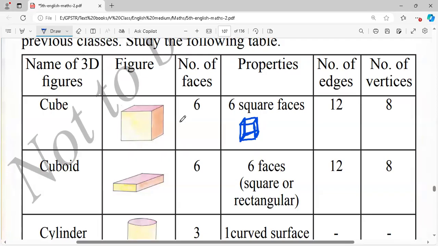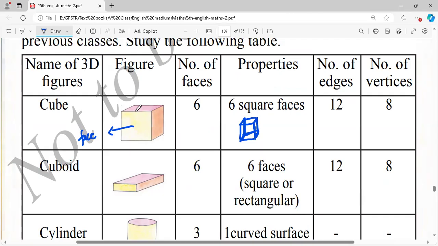This is the cube figure. Number of faces: this part is called a face. Number of faces is 6. Number of edges: where two faces meet, that part is called an edge.